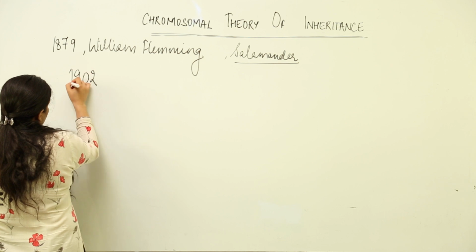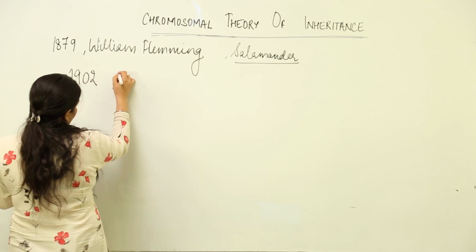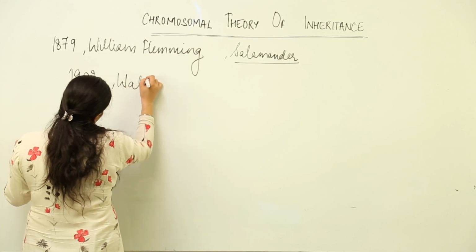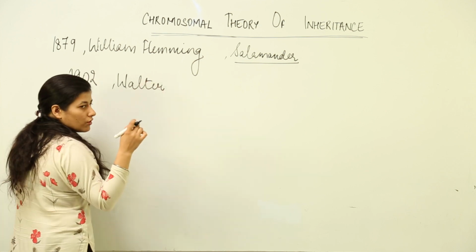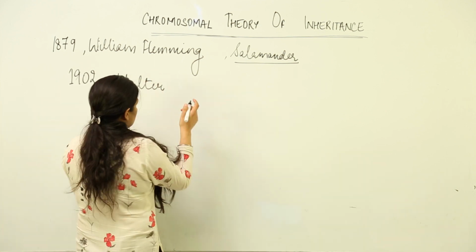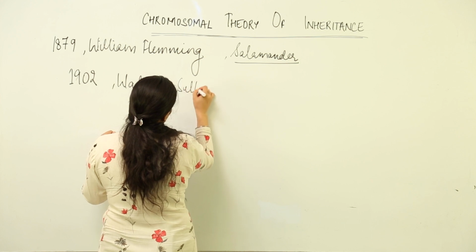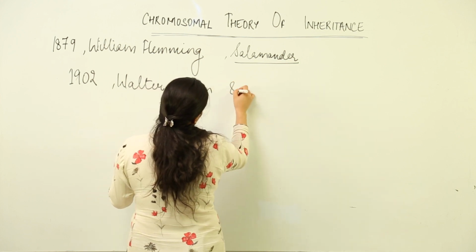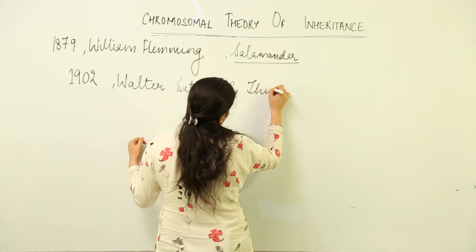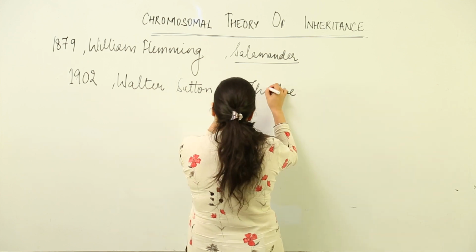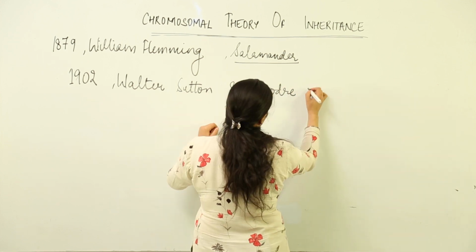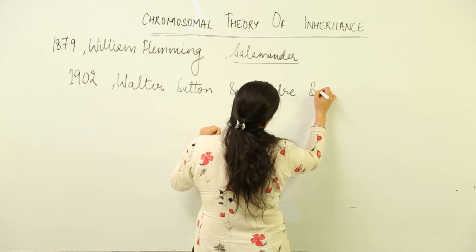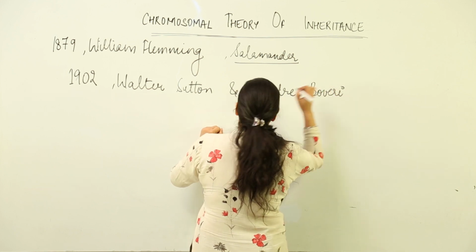Now, in 1902, two cytologists, Walter Sutton and Theodore Boveri, individually studied the behavior of chromosomes during meiosis. These were the two scientists who had studied about the behavior of chromosomes during meiosis.